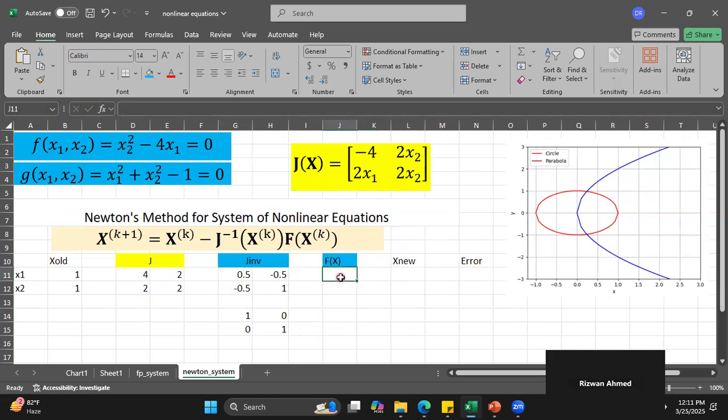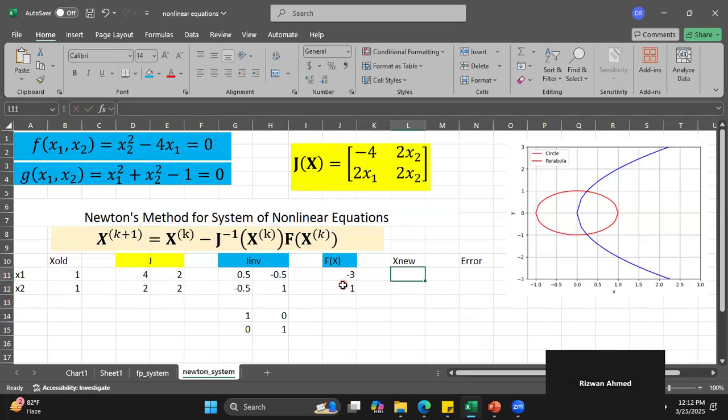Okay, then f of x. From the first equation, x2 squared minus 4 times x1. This is fine. And then the second function is equal to x1 squared plus x2 squared minus 1, and that's it.